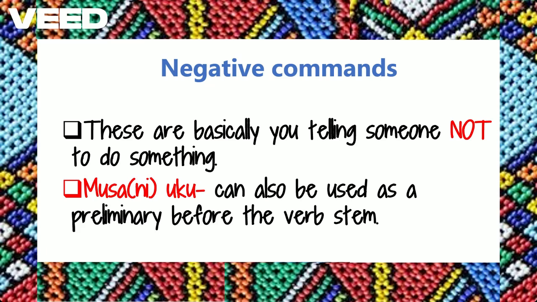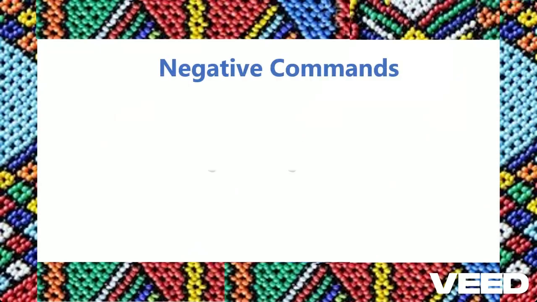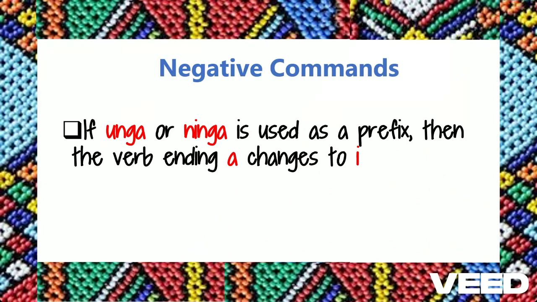Musa ugu, we put the formative ugu before the verb. As a preliminary. Another form is unga. So if you want to use unga, you can use that, but you don't have to put the formative ugu before the verb. You just say unga for singular and ninga for the plural.